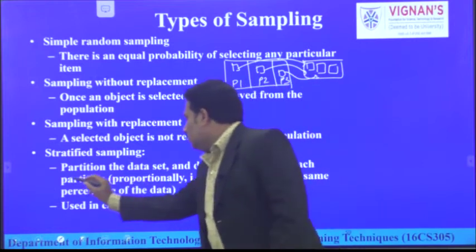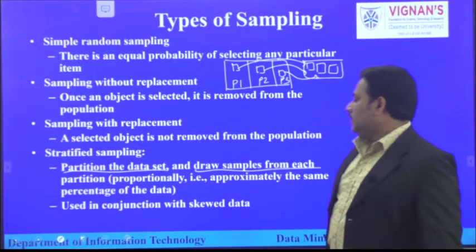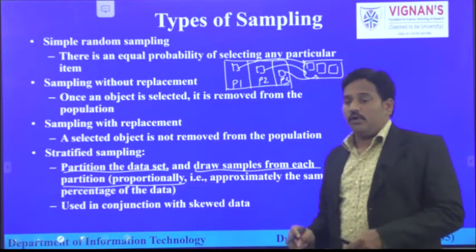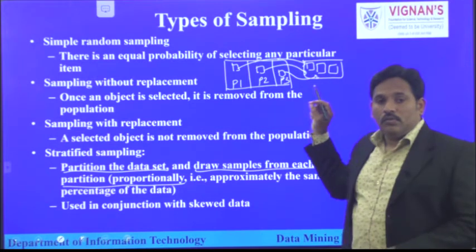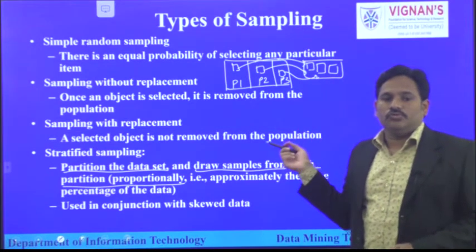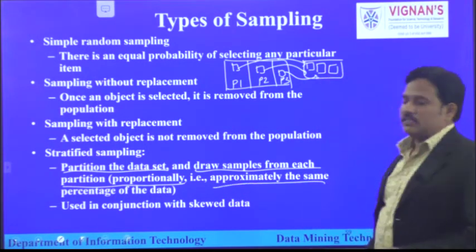So when we partition the data set and draw samples from each partition, it is done proportionately. We are not saying we have to pick an equal number of values. We give representation to all the partitions based on their count, that is approximately the same percentage of the data.